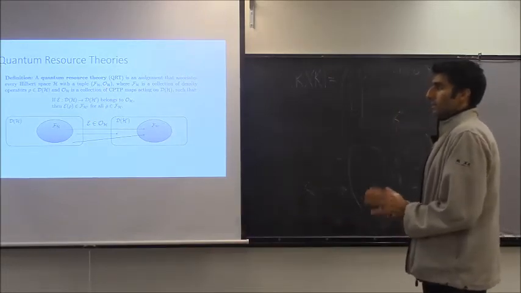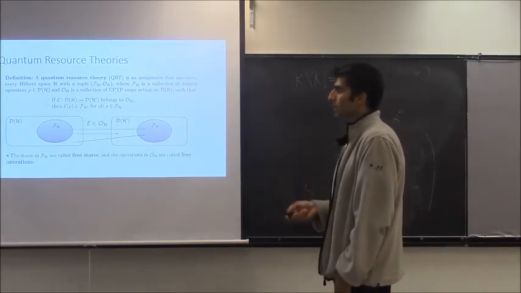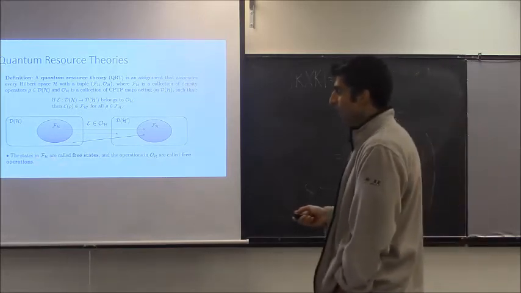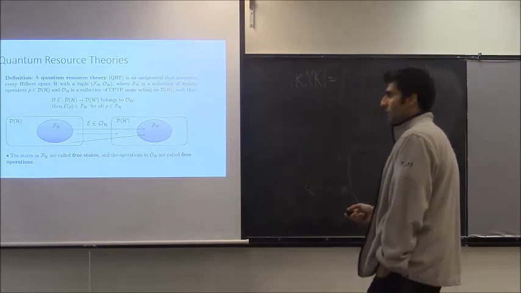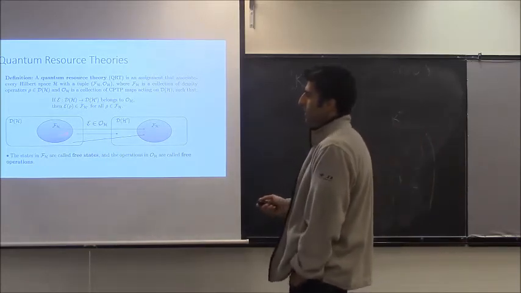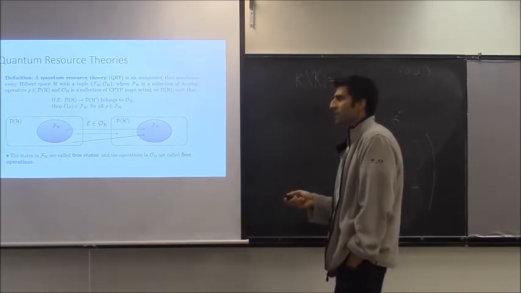Okay, that's the mathematical picture, but the interpretation is that the states in FH are called free states, and the operations in OH are called free operations. What's in here are easy to generate. These are states that we get for free.